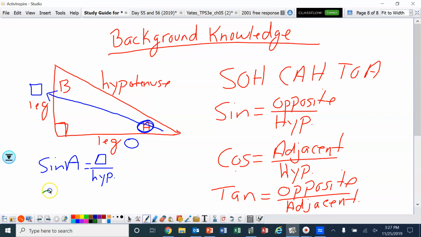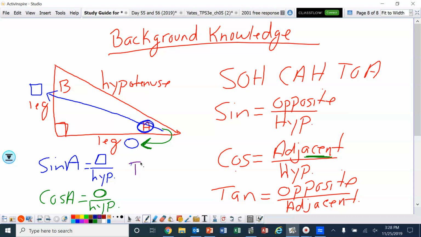The cosine of that angle, in this case, that is adjacent, whatever that is, over the hypotenuse. Okay, again, it's going to be numbers, and we'll see the practice problem that we have.